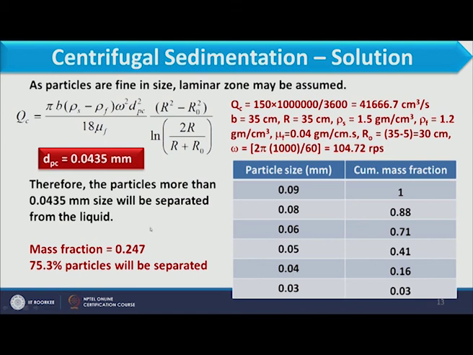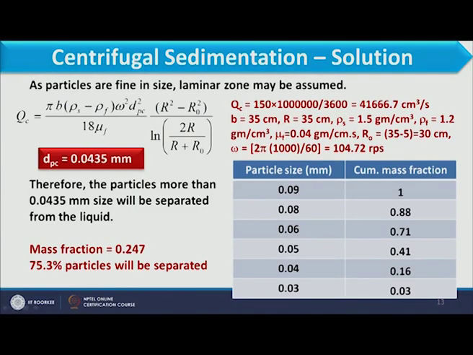0.0435 mm. Now, we are given the particle size distribution data. We will represent that in cumulative form to see how many particles have a size greater than the Dpc, that is 0.0435. To do this we have the cumulative values in this table, where all the sizes are available and the fractions keep on adding because it is cumulative.